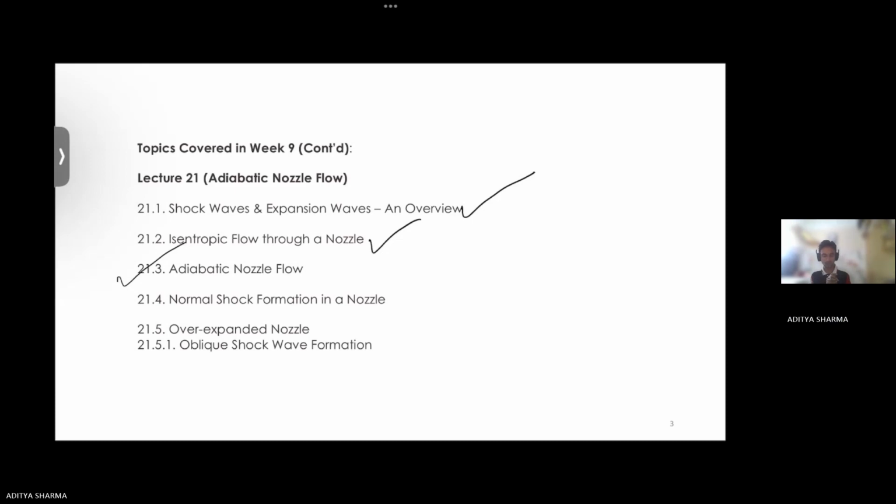For now, we just have to remember that there are cases where in the divergent section we get to see normal shocks. It has to do with the back pressure of this nozzle also.